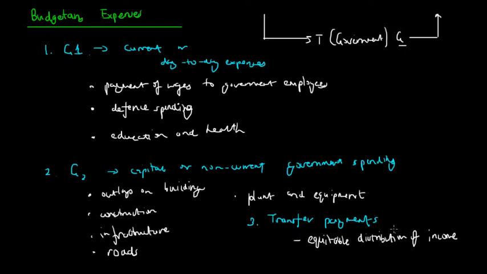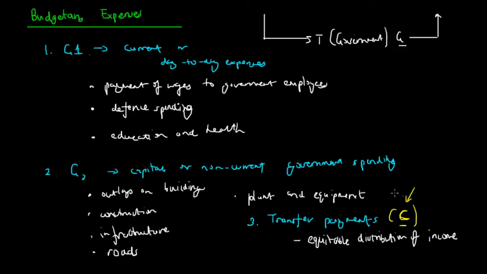So transfer payments, although they aren't actually recorded as government G1 or G2 spending, are actually recorded as consumption spending, C. And why this is recorded as C is because the government assumes that those people receiving transfer payments are those in need of money, and they're not going to have the capacity to actually save their money. And so when they receive their transfer payments, they're going to actually spend it straight away. And so household spending comes under the category of consumption expenditure.